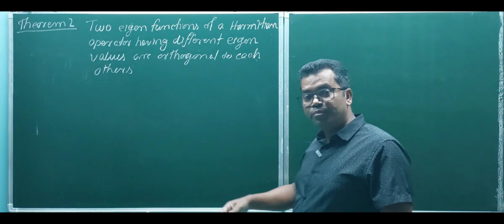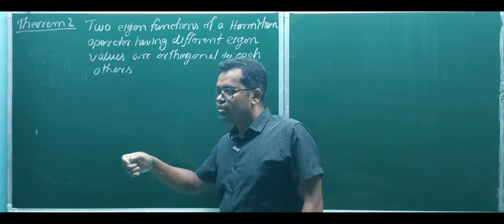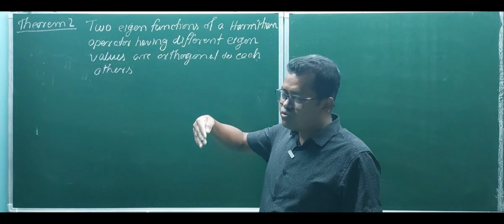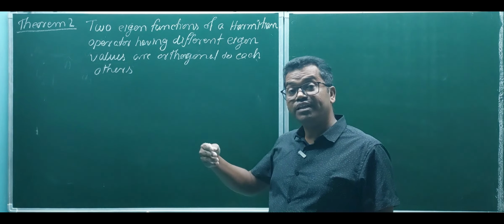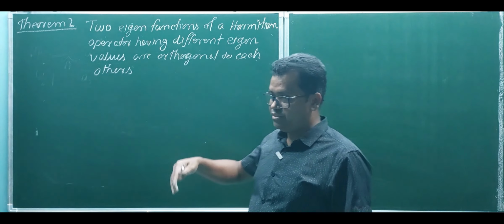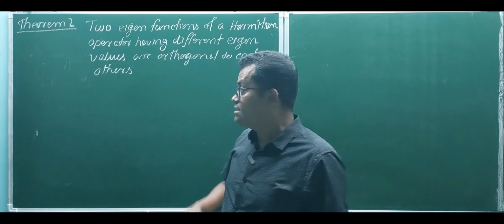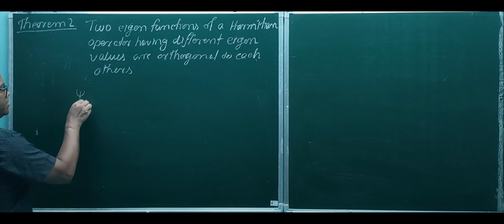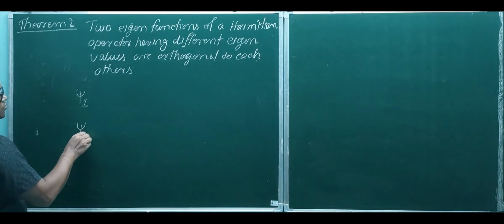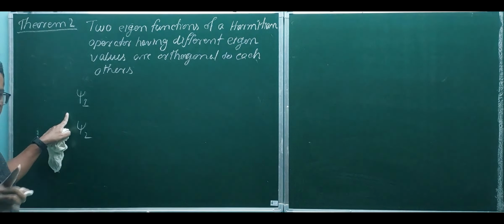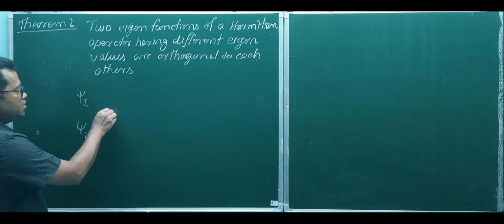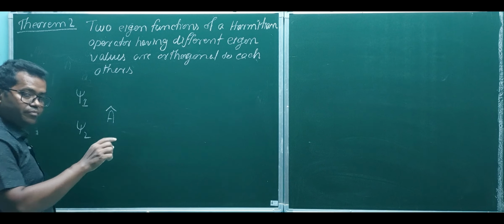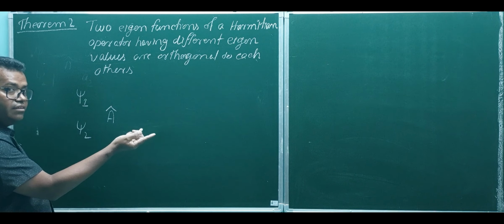Always real. Our theorem number 2 is, suppose there are two eigenfunctions of an operator. Let us understand with an example. Suppose psi 1 and psi 2 are the two eigenfunctions of the operator A cap having different eigenvalues.